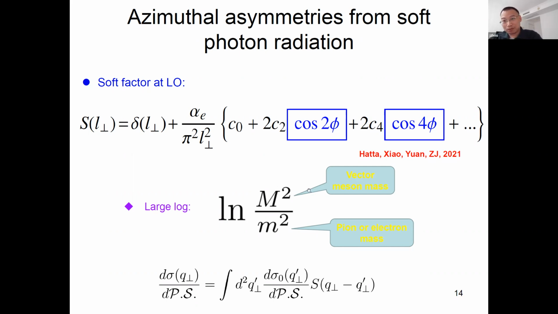For rho zero production, this is the rho zero mass, this is the pi mass. So the two scales are not widely separated, which makes these QED corrections not so important.